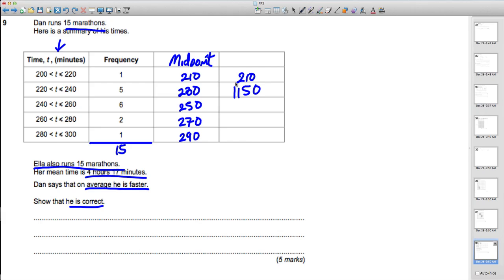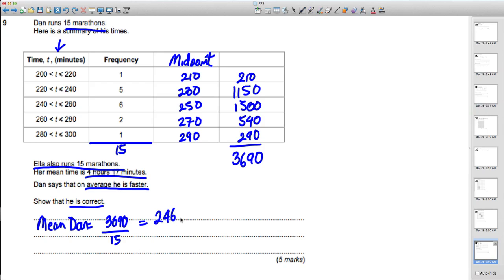Next one you do 6 times 250, which is 1500. Next you do 2 times 270, and it's 540. And last you do 1 times 290, and it's 290. You add these up, and you get 3690. So his mean for Dan is 3690 divided by the 15 marathons.